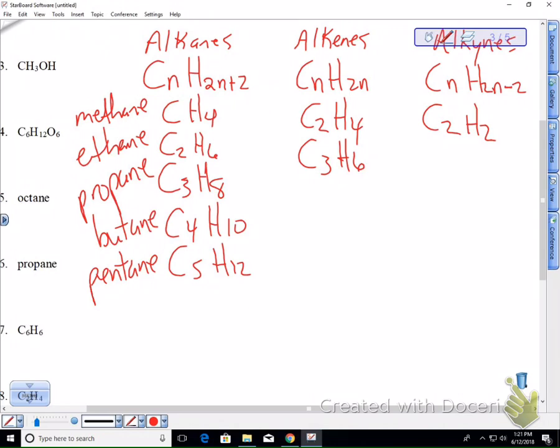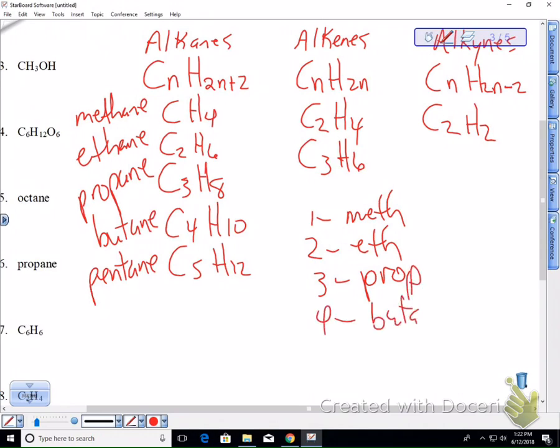So in a way, naming these organic alkanes is very similar to naming our covalent compounds because we had those prefixes that told us how many. For organic, 1 is always meth, 2 is eth, 3 is prop, and 4 is but.